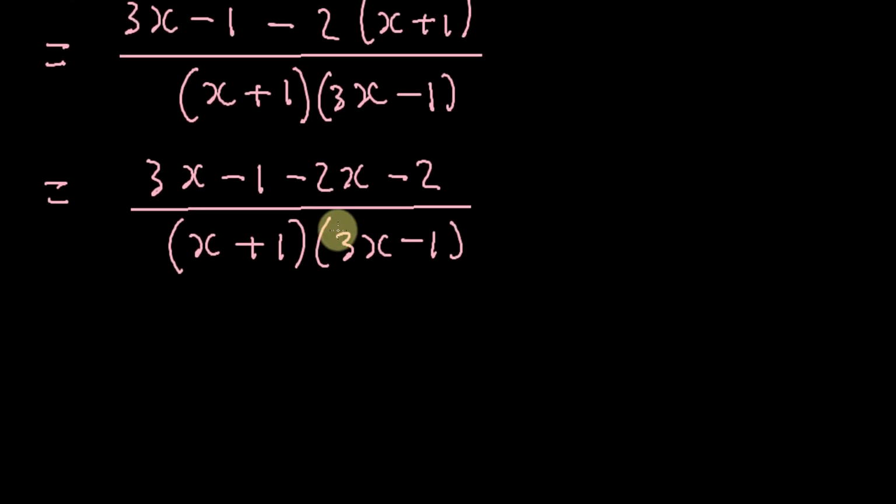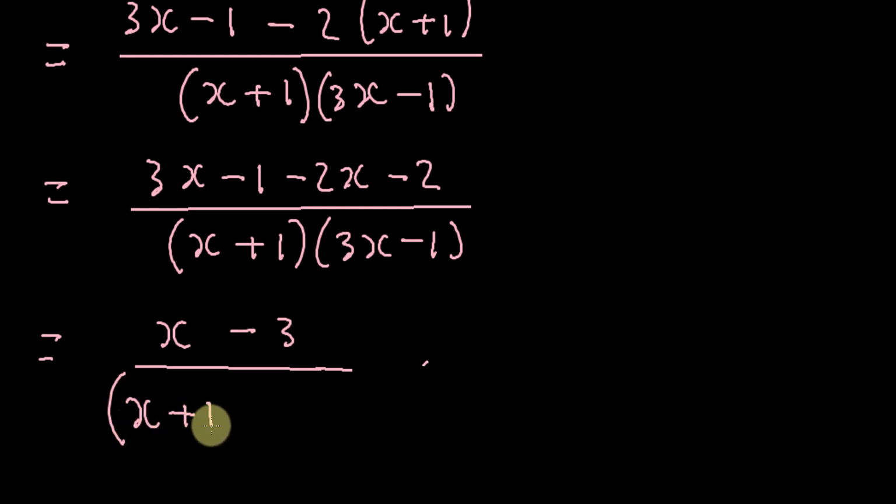Now we simply add the like terms in the numerator here. So 3x minus 2x is 1x, and negative 1 minus 2 is negative 3. And this is all over x plus 1 times 3x minus 1.